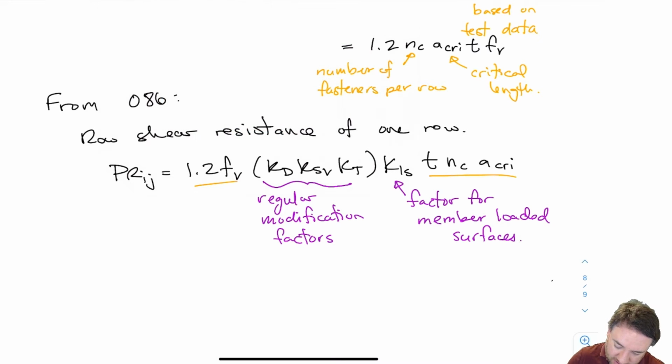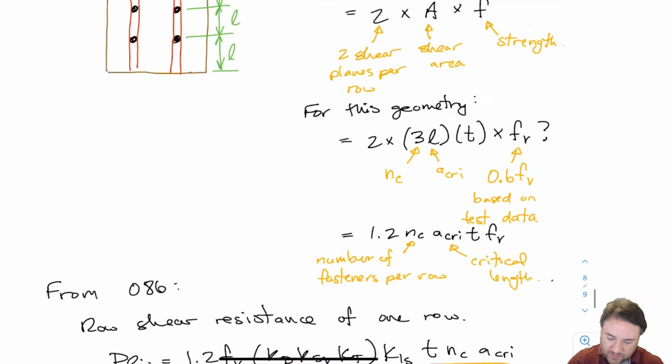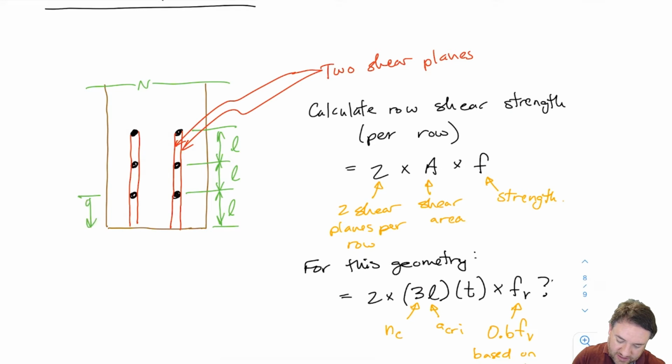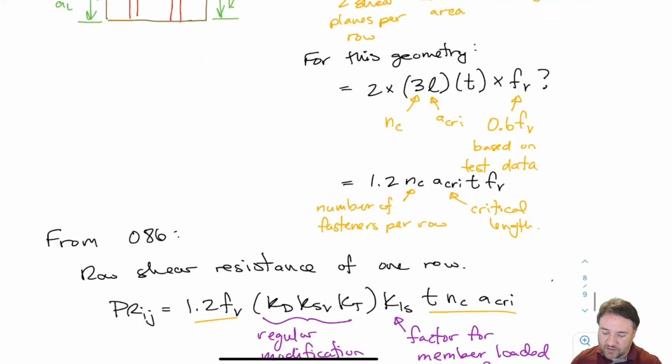And then, of course, we need to formalize how we calculate this parameter ACRI. Okay, ACRI is the minimum of the loaded end distance, which is this distance here. That's our AL, if you recall, loaded end distance, and our SR/SP, which is our parallel to grain distance, or our in-row spacing, depending on whether you're talking about 08614 or 08619. The parameter is the same, just has a different name.